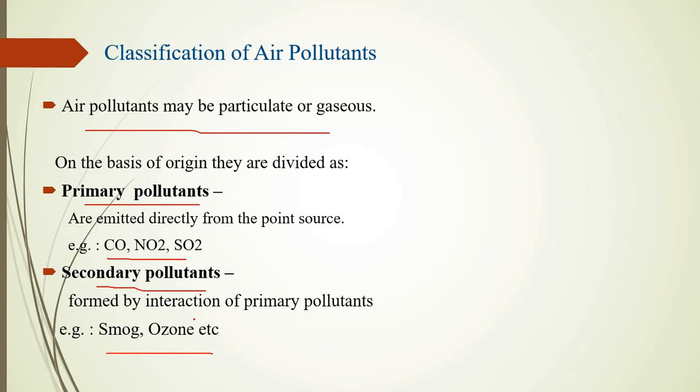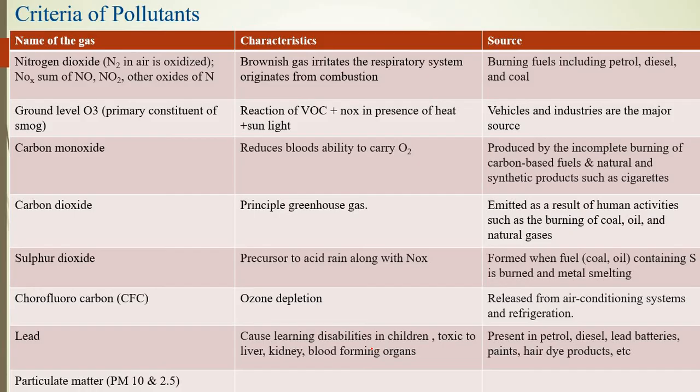Primary pollutant means we create polluted gases. Here some of the gases are available in the atmosphere, but we change their chemical formula. That is called secondary.